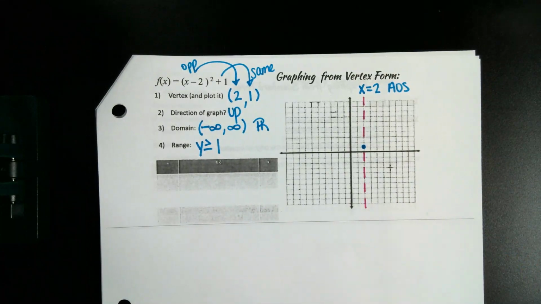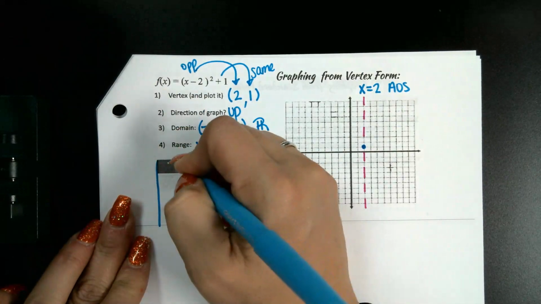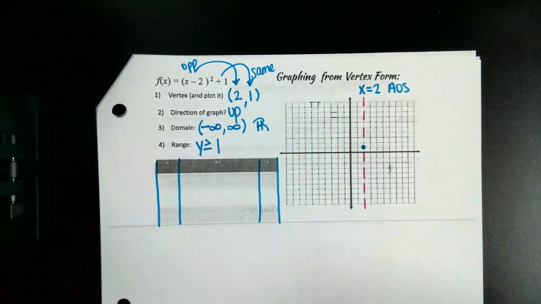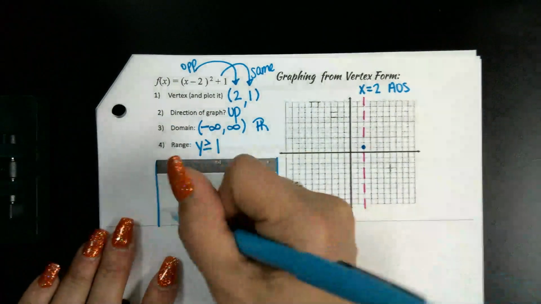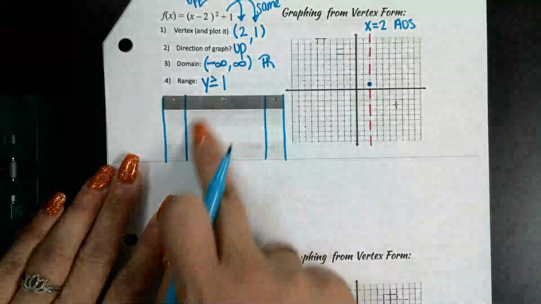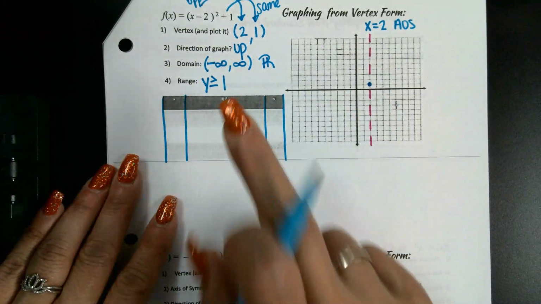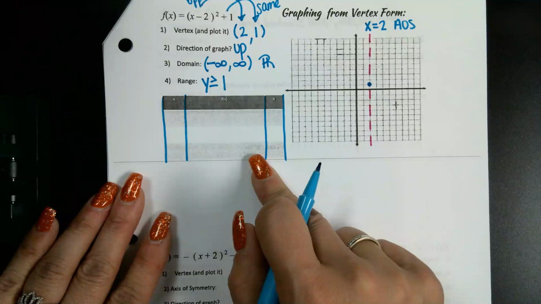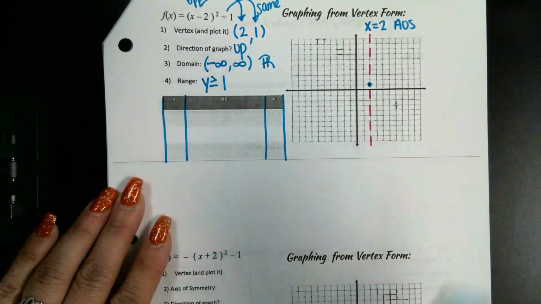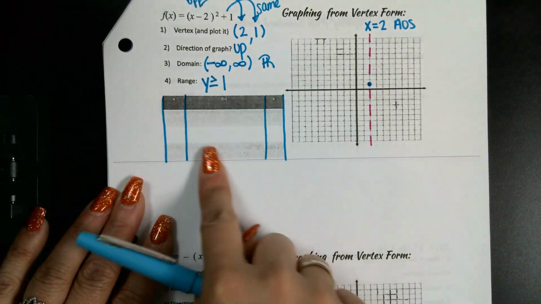Now, on this T-chart, normally what you will see on your paper is just the X column and the Y column. You probably wouldn't have this center. This is where I'm going to show you what to type into the calculator, but when you make your own, you don't have to do this.